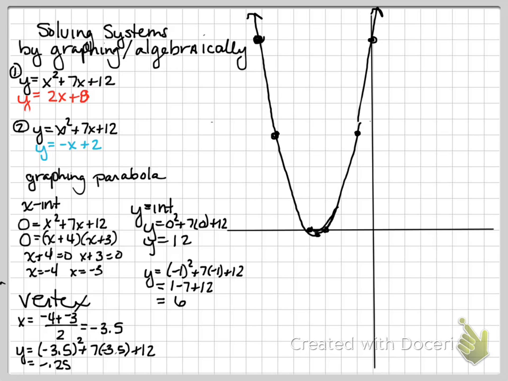So now let's graph our first line, y equals 2x plus 8. So I'm going to go up to 8, and I'm going to put a dot there.